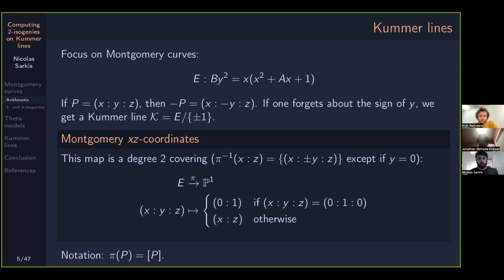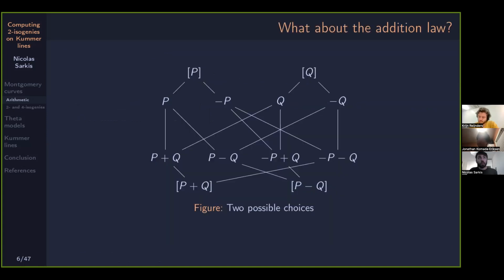So what happens on Kummer lines is that you don't have an addition law anymore. It's not working because if you look at this diagram, if you have P and Q on the Kummer line, you get on the elliptic curve P, minus P, Q, minus Q. If you mix them and add them, you can get up to 4 points on the elliptic curve.